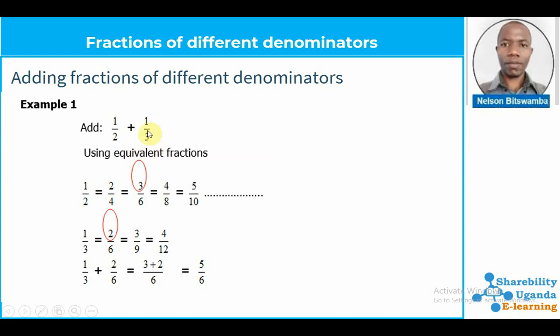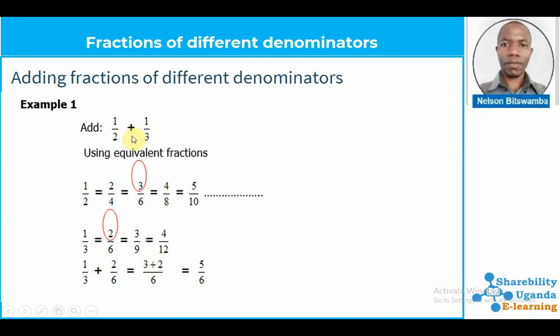In addition, last time we said if the fractions have the same denominators, we just add the numerators, but here because they have different denominators, we shall not add yet. We shall look out for a way to first make the denominators the same, then we shall be able to add.